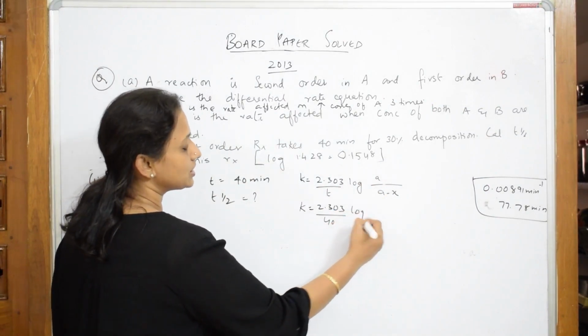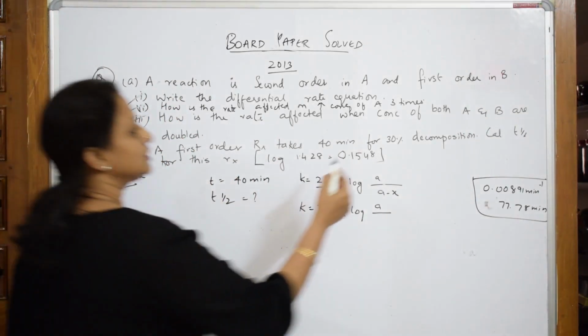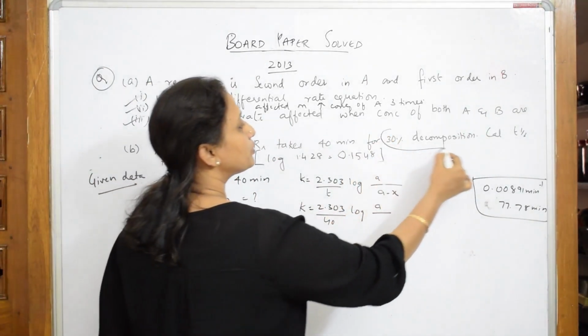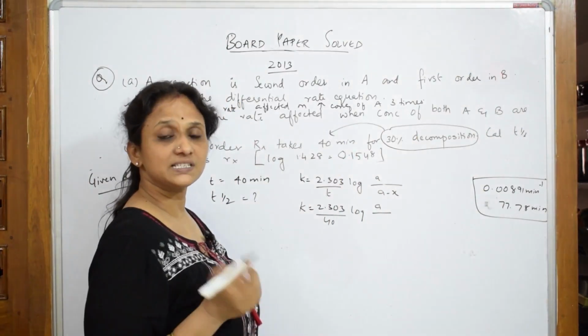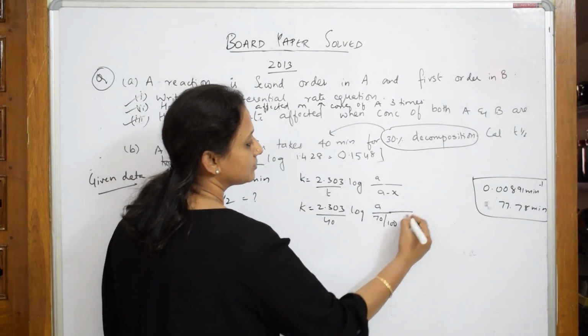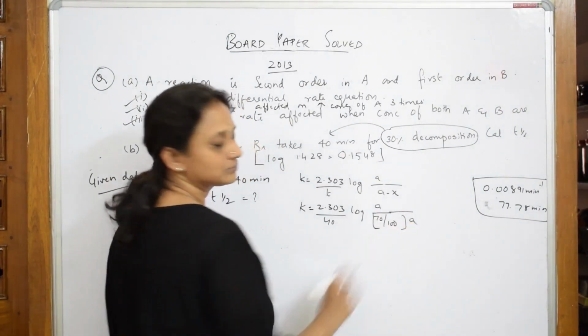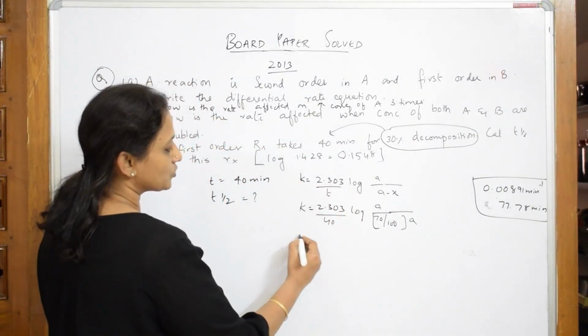Now, there's a small logic here. When they said in the reaction 30% is decomposed, they said it at this particular time. How much is left out? 70% is left out, isn't it? So A by A minus X is 100 by 70. That is the logic. So done. So what should I do now?